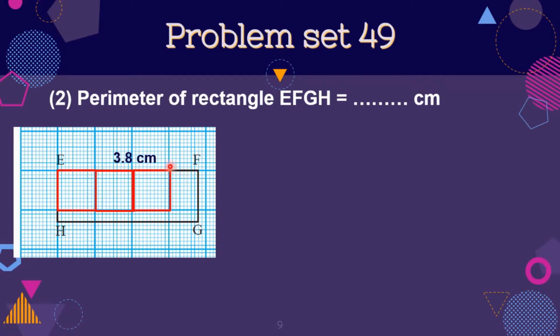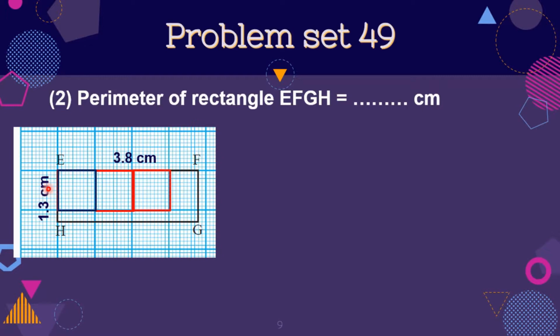Let us calculate the breadth of this rectangle. Along the breadth, there is one complete square, and after that there are 3 lines on the graph sheet. So we say the breadth of this given rectangle EFGH is 1.3 centimeter. Now let us calculate the perimeter.